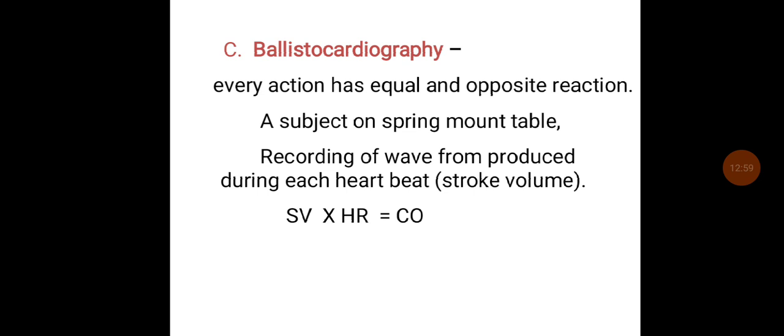Each heartbeat is going to move the body, so that the body movement will be detected by the table. By using a different formula, the cardiac output can be calculated. So that is the technique used in ballistocardiography.